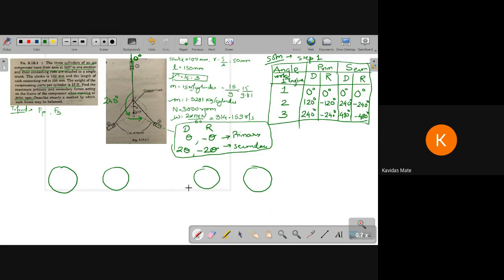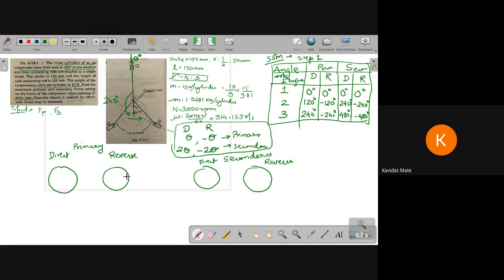Draw 4 circles. Why I am drawing 4 circles, I will explain to you. This is for primary. This is for secondary. The first one is for direct and the second is for reverse crank. This is for direct and this would be for reverse.